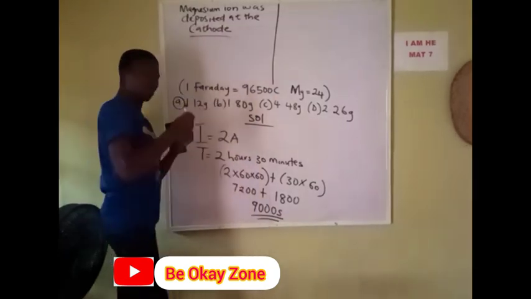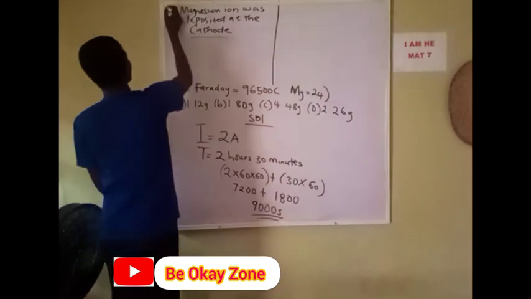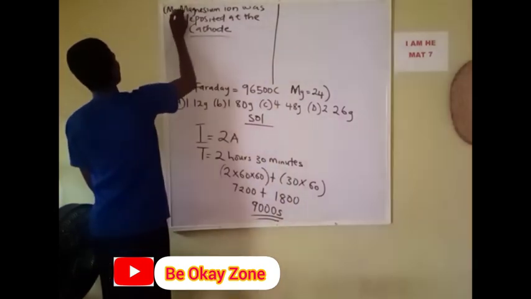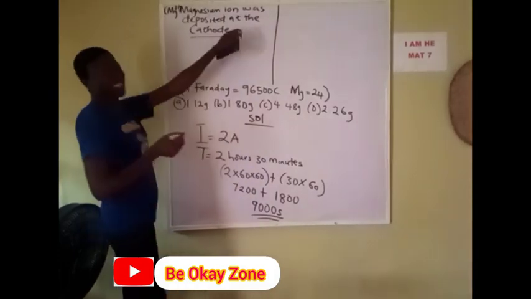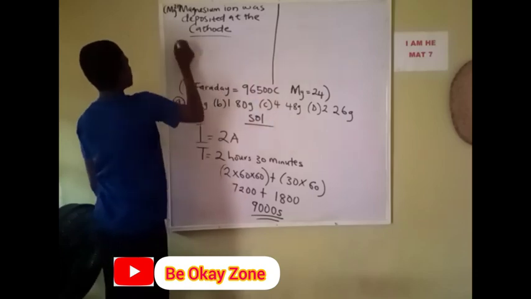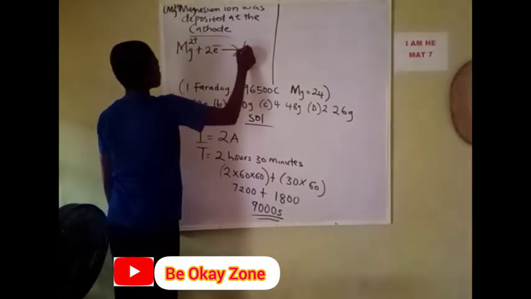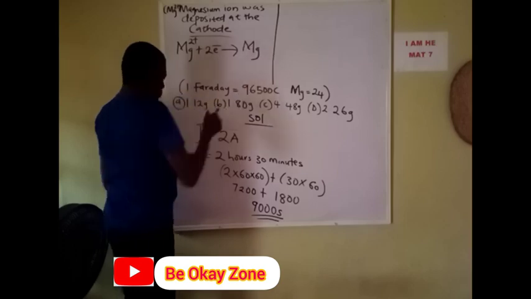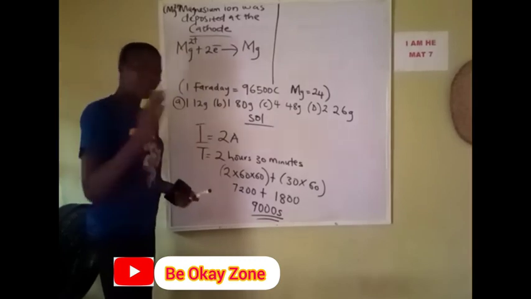So during this process, magnesium ion, let me write it out, Mg2+, was deposited at the cathode. This is what happened: we have Mg2+, this is the ion, plus 2 electrons to give us magnesium. So this was the process that occurred during the electrolysis of magnesium chloride.